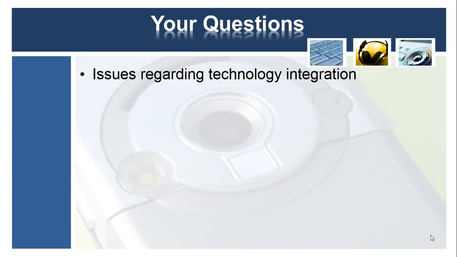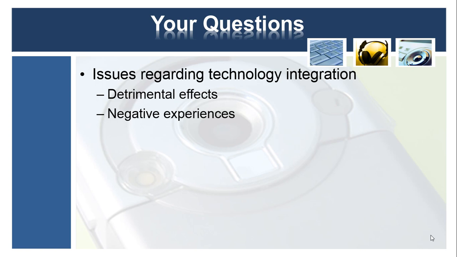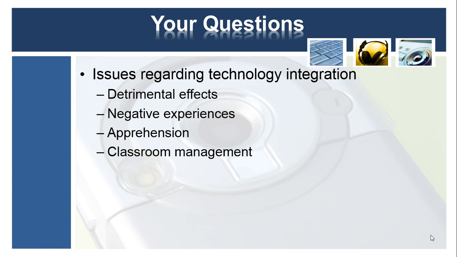You also talked about issues regarding technology integration. So for example, what were the detrimental effects of using technology maybe at too early an age, maybe because it causes distractions and those kinds of things. You inquired about negative experiences, about apprehension to the use of technology, and also issues related to things like classroom management when you're bringing technology in for students to use.